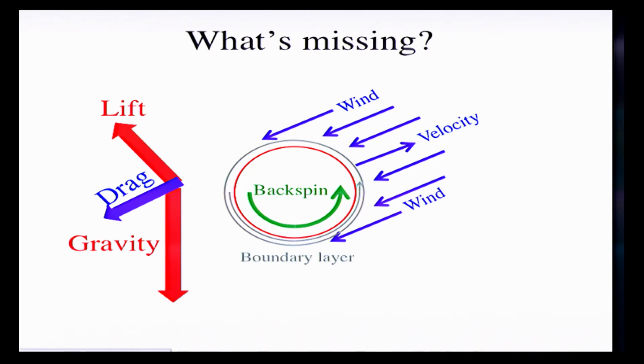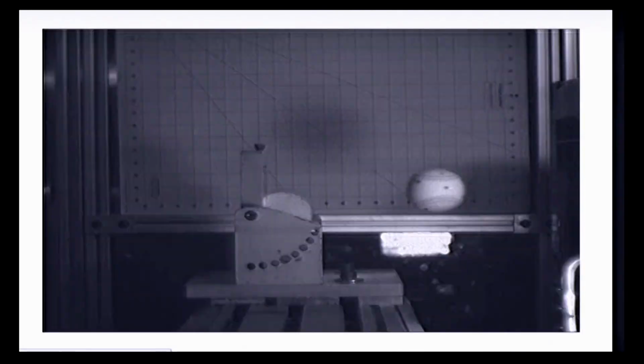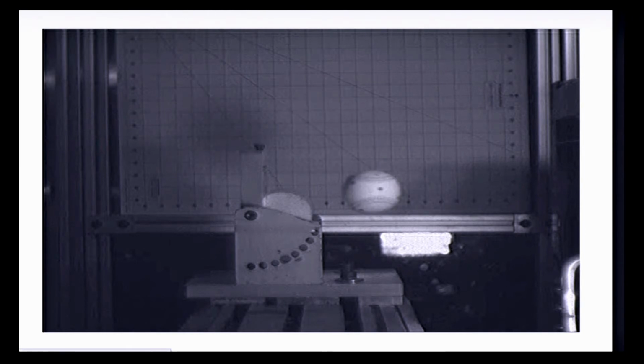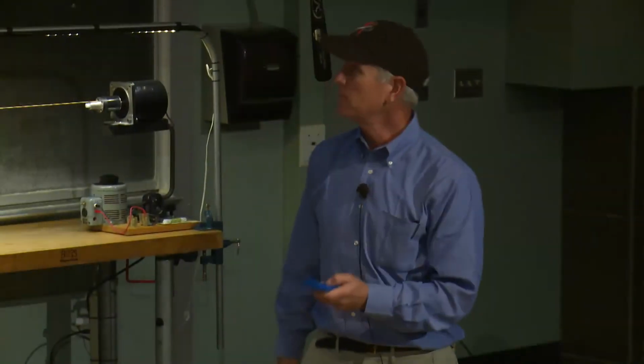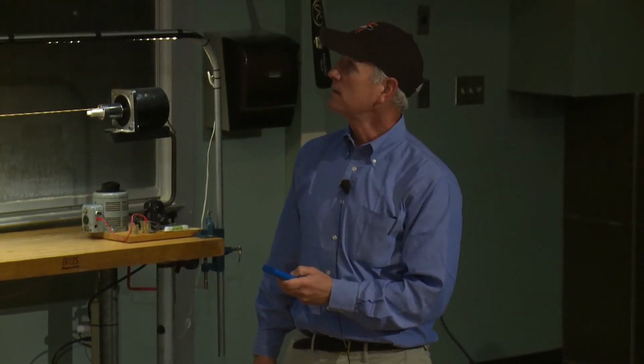Gravity is always downwards, and drag is always opposite the velocity. This shows you, actually, I have to just cycle through this. It's an incoming ball, hits a bat, and then you can see just as it moves away that it's got backspin on it. And that's a great way to do a home run swing because you actually give the ball some extra lift with backspin.